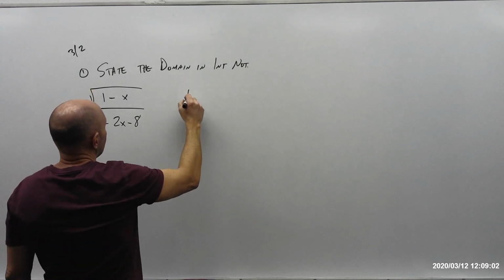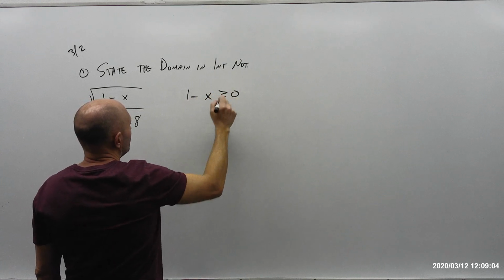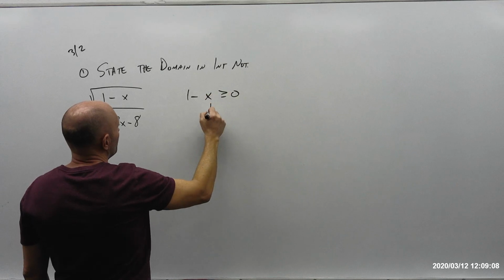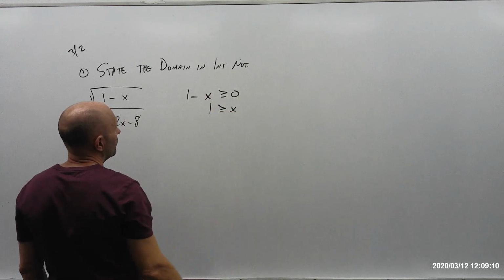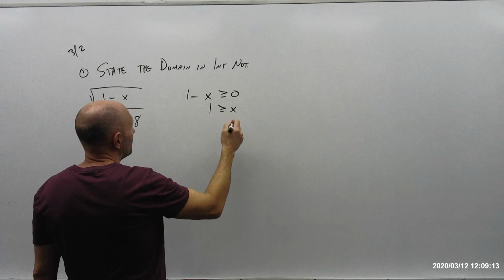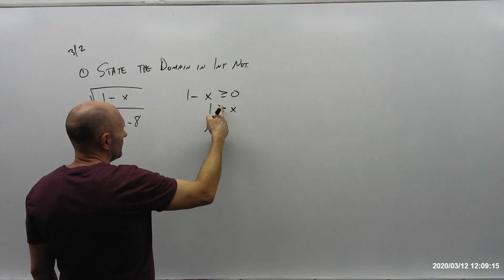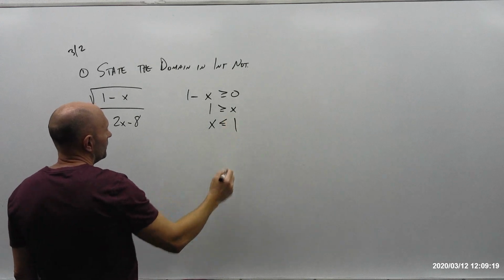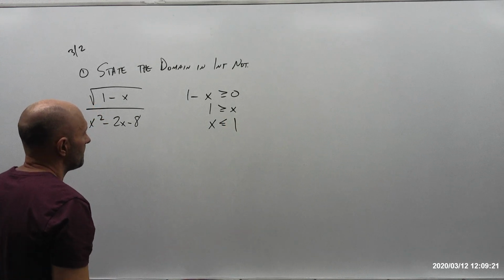I set the radicand, 1 minus x, greater than or equal to 0. If I move the x over, I get 1 is greater than or equal to x. If I rewrite it how I'm used to seeing, the inequality is pointing towards the x, so I need to turn it around: x is less than or equal to 1.